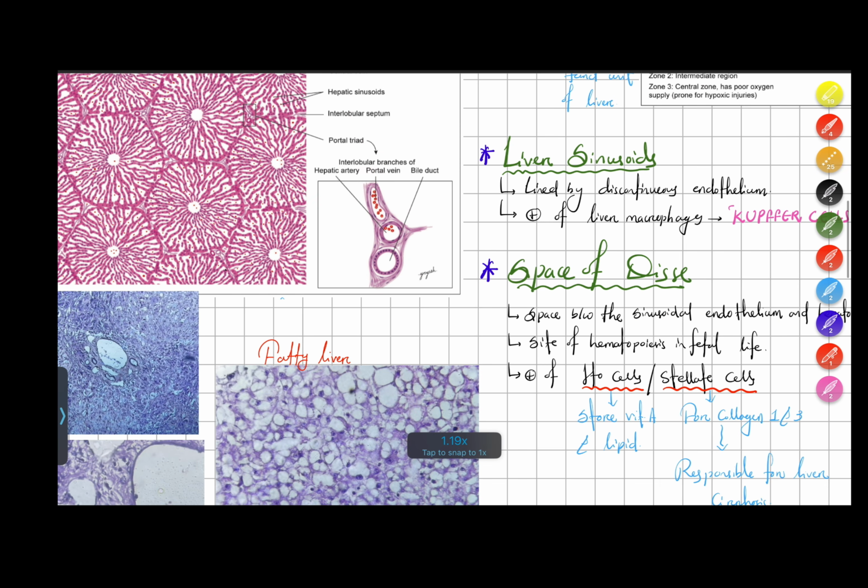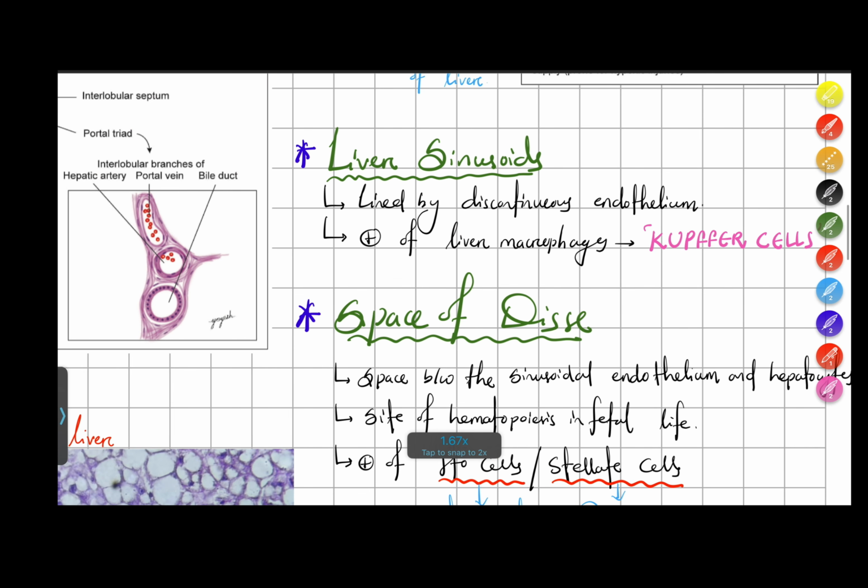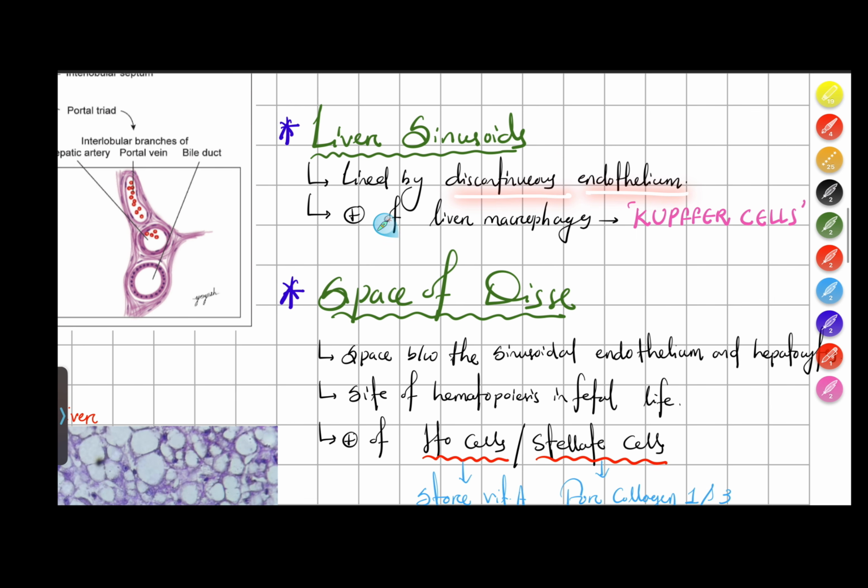Now two important things: the liver sinusoid and the space of the liver sinusoid. The sinusoid is lined by discontinuous endothelium, and there are liver macrophages that are known as buffer cells.